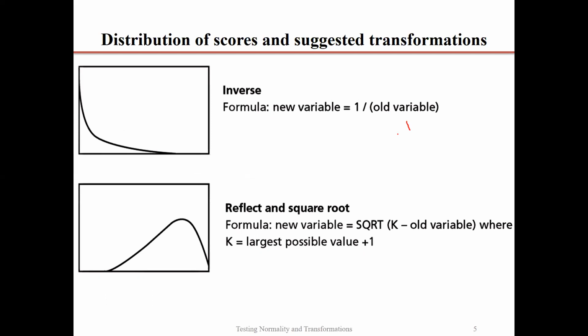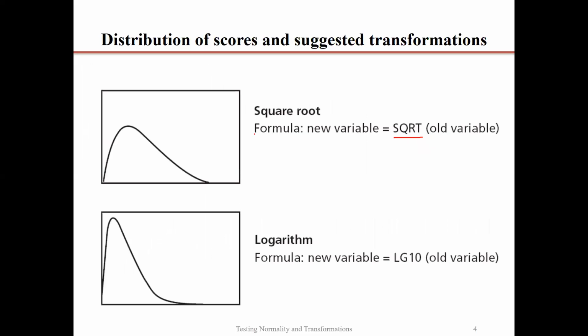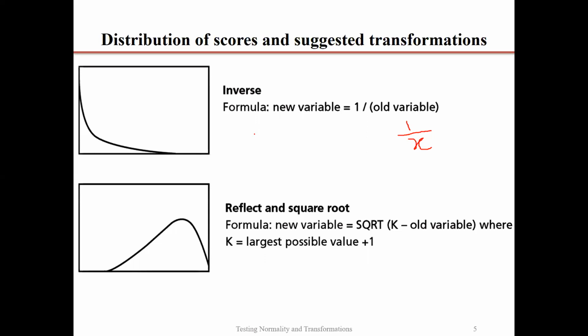Reciprocal means what? 1 upon x is a new variable, where x is the actual variable. So you have to take the reciprocal of the actual variable. These three transformations are basically applied whenever we have a positive skewed distribution.